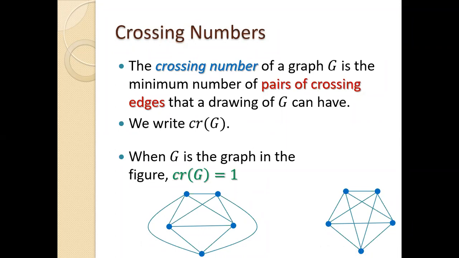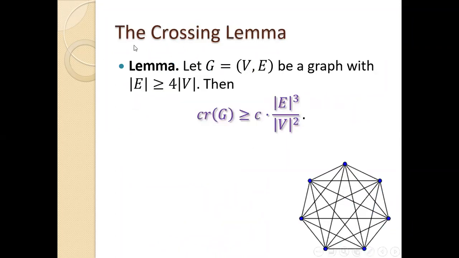Now there's a famous lemma, called the crossing lemma, about the crossing number of a graph. It is as follows. If the graph doesn't have many edges, you can usually draw it without crossings. If the graph has many edges, at least 4 times the number of vertices, there will always be a lot of crossings.